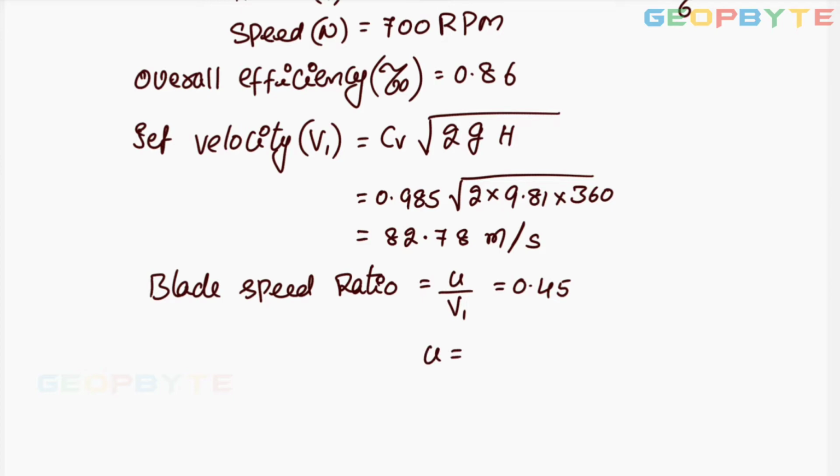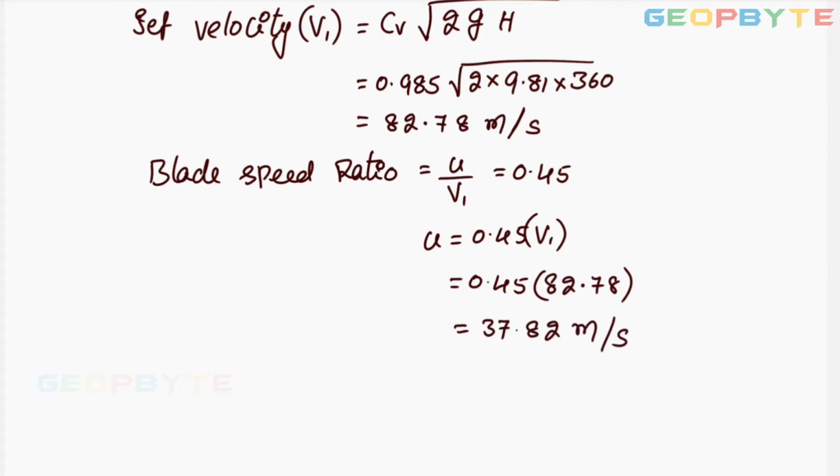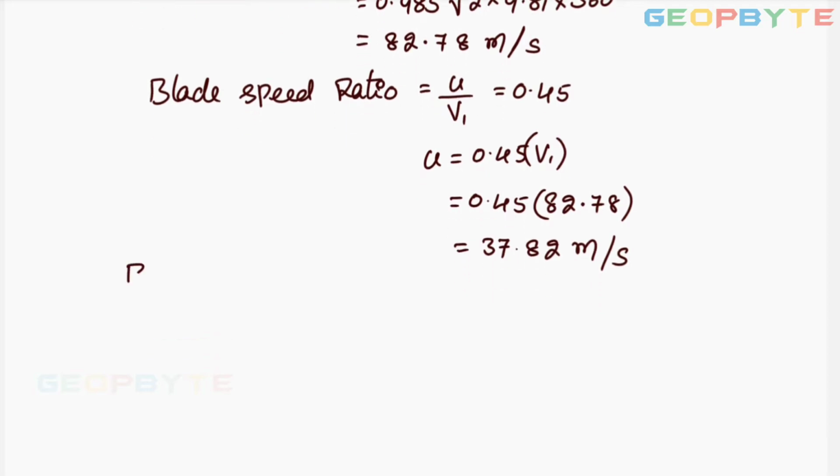From this, blade speed equal to 0.45 times the jet speed, 0.45 times 82.78. Simplify this value for getting 37.82 meter per second.